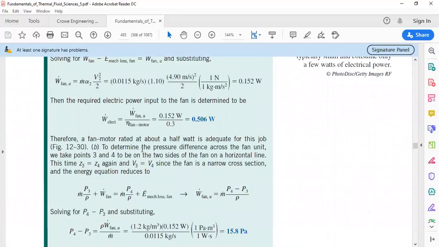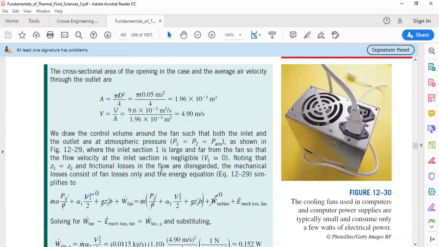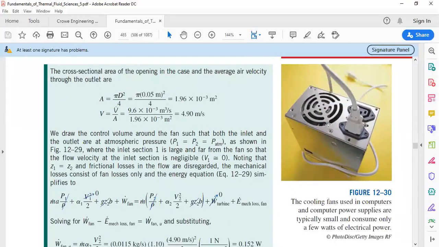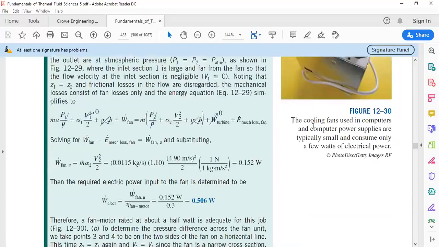So a fan motor rated at about half watt is adequate for this job. Similar to this. This is something very common that we see in the PCs. That's the kind of unit we are expecting to install.